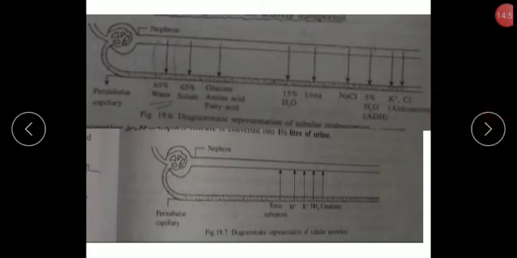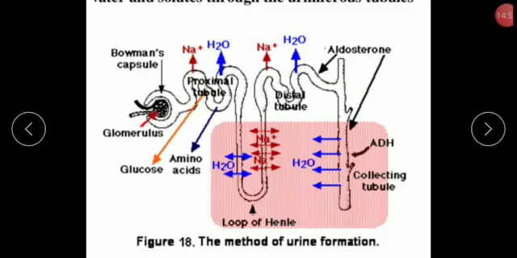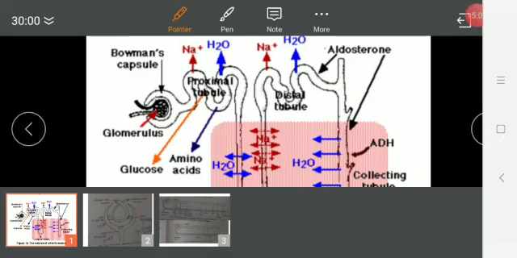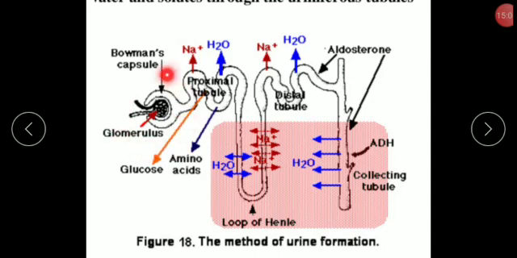So in this way, the entire nephron is involved in three steps of urine formation. The first one is ultrafiltration, which is carried out in the Malpighian tubules. In the remaining part of the nephron, that is the PCT, Henle's loop, DCT and CT, tubular reabsorption is carried out, where only the useful substances are reabsorbed.